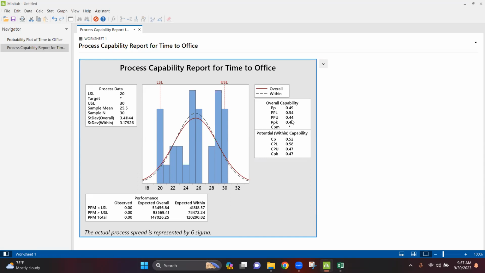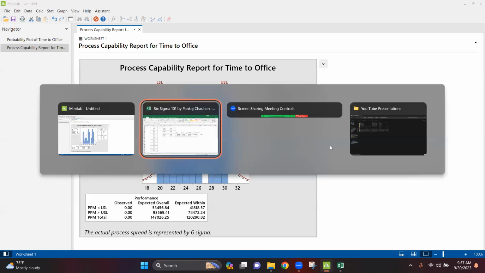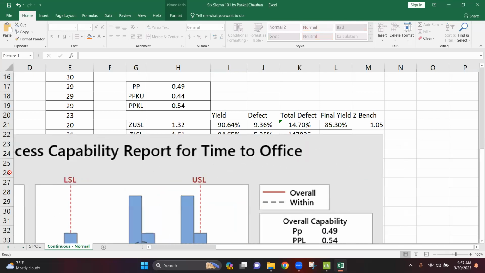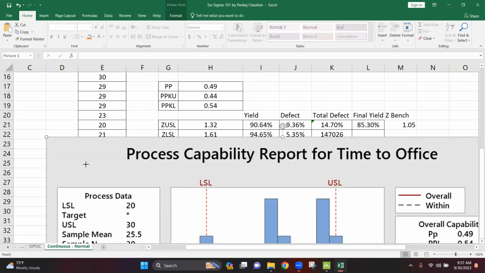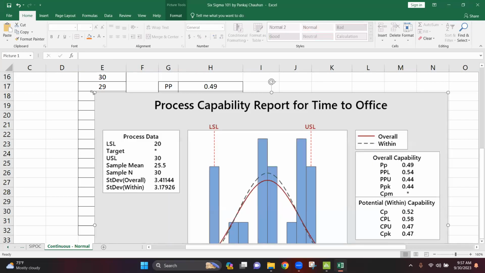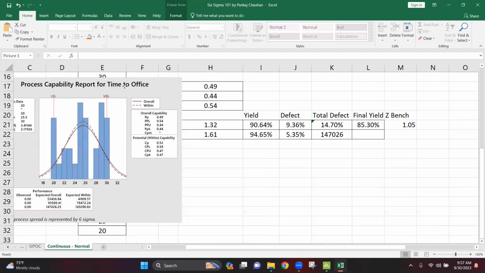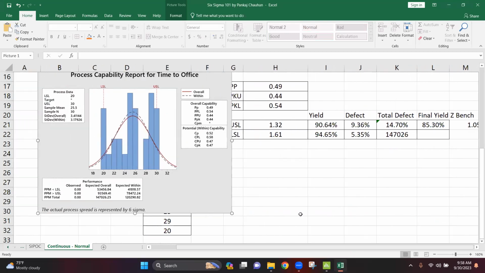So for PP, we look at it because the standard deviation we use is the overall deviation method, which we use for the long term. So 0.49 is your PP, 0.54 is the PPL, and 0.44 is your PPU. I just copy this graph and show you here in parallel. Look at this graph and compare your values with what we have here.